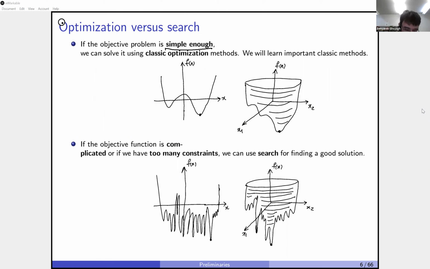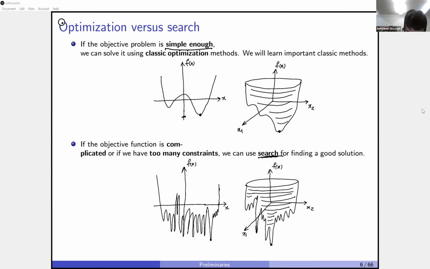But if it becomes too complicated, we have the option to go for search rather than classical optimization. But if it's not very complicated, it's straightforward to use simple classical optimization methods, such as this. For example, this function here is simple. We can easily find this minimum here. So this is the minimum.